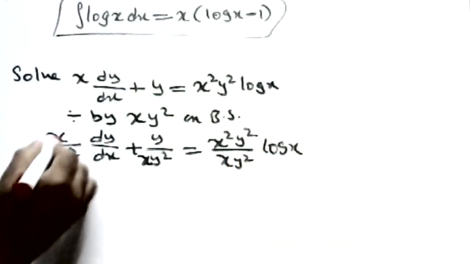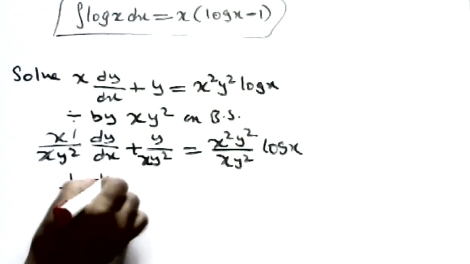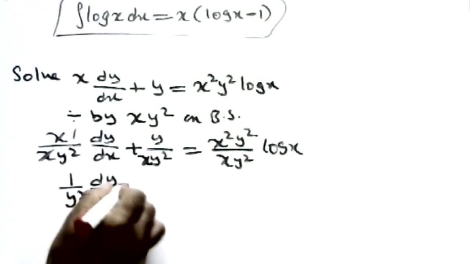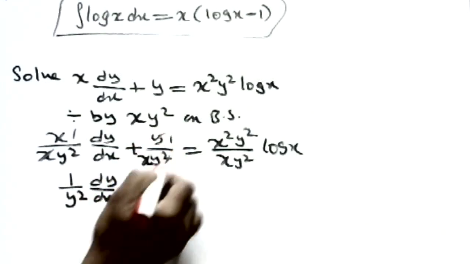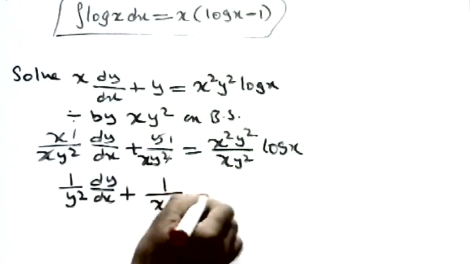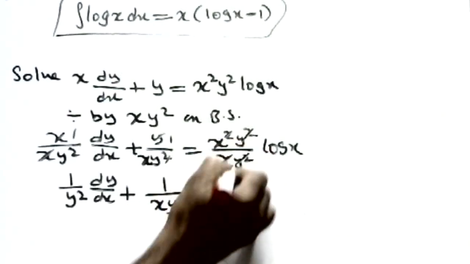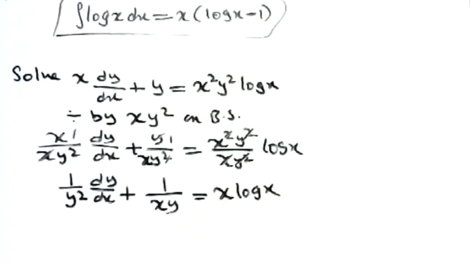So what is left here? If we cancel this one, it is left with 1 by y square dy by dx plus 1 by xy equals to x square, y square cancel, we are left with x log x.